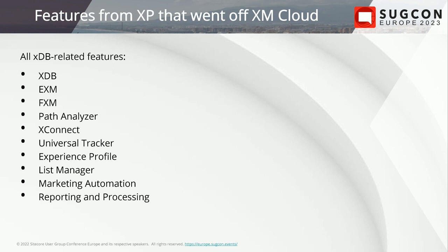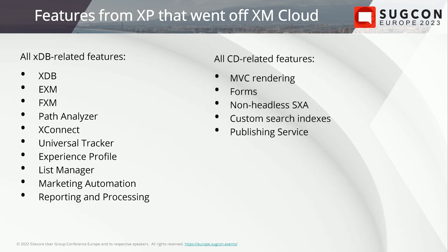Sadly or not, but many XDB features become redundant in a new composable architecture. Everything related to XConnect, like XDB, XM of XM, Experience Profile, List Manager, Marketing Automation, they all have to go away. Also, things related to content delivery are also not available with XM Cloud any longer.